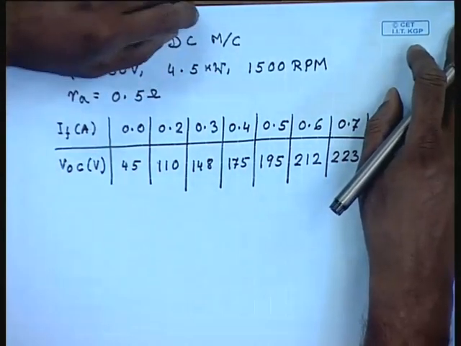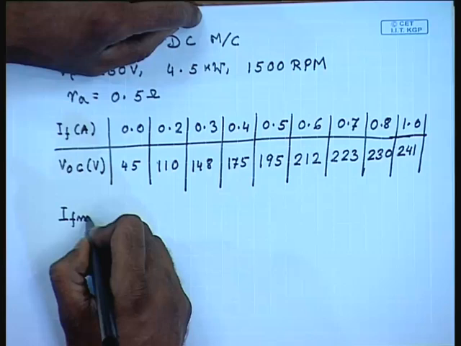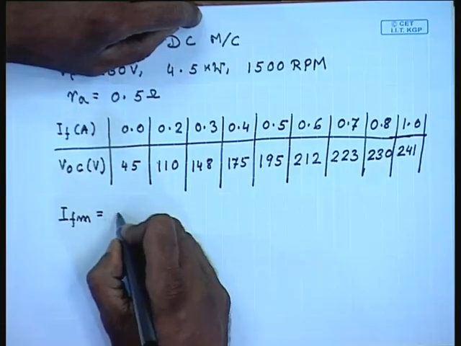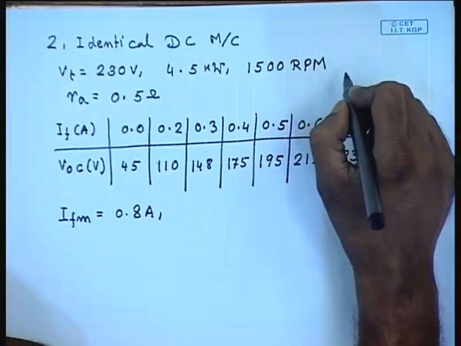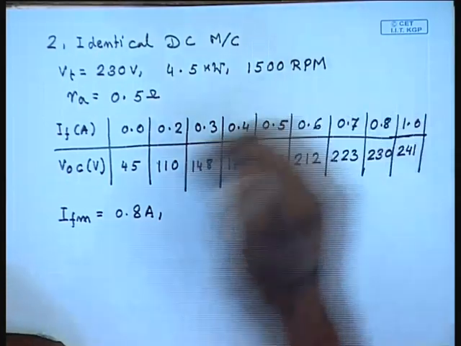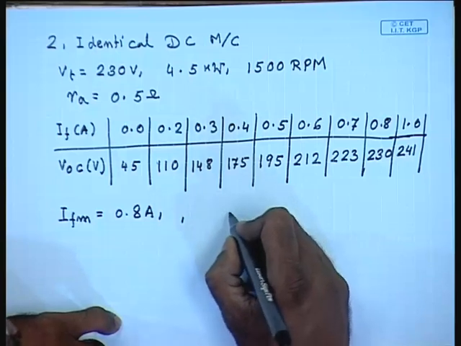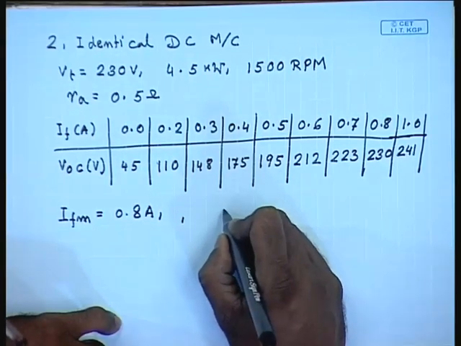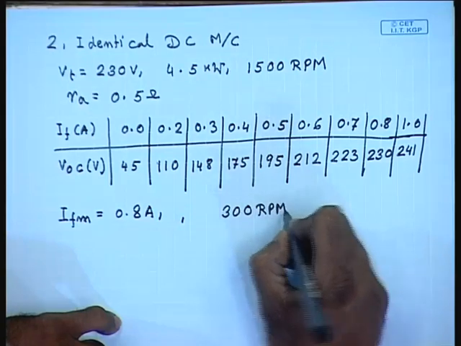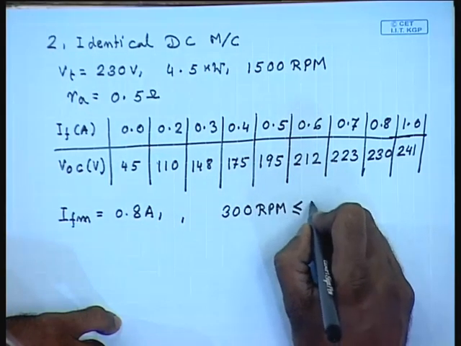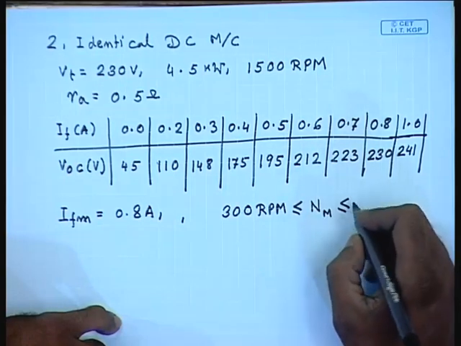Now, the IFM is set at 0.8 amperes. The motor speed has to be changed between 300 rpm in motor and 1500 rpm.